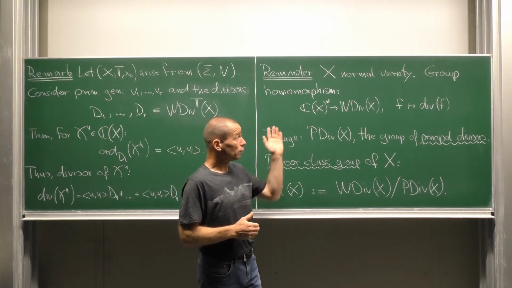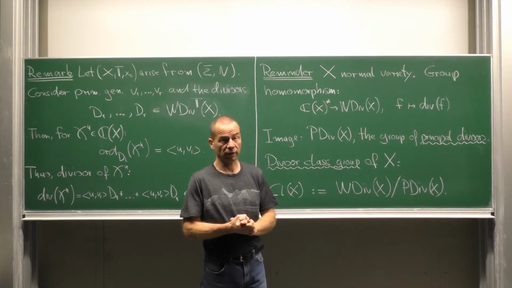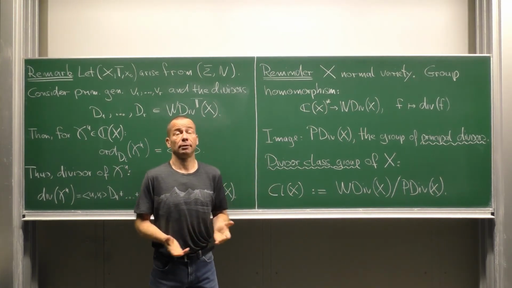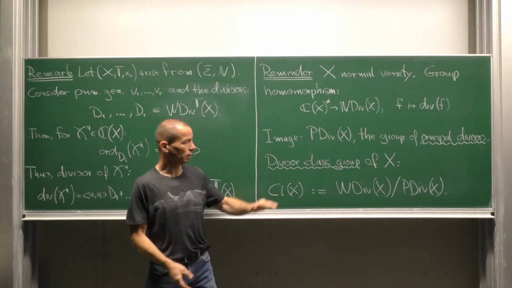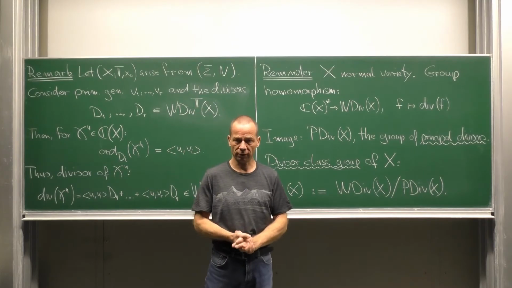The image of this homomorphism is the subgroup of principal divisors. And the divisor class group of X is the factor group of Weil divisors of X modulo principal divisors of X.